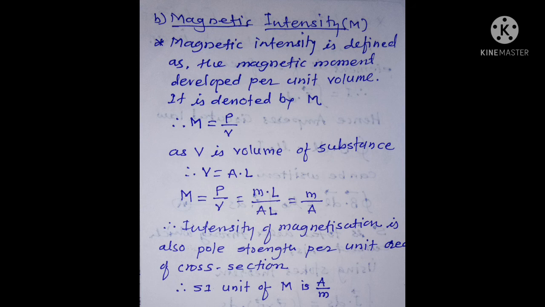That means the magnetic intensity is not depending upon volume, but it is depending upon cross sectional area and pole strength, that means small m.